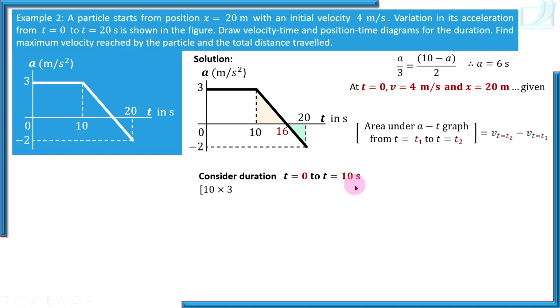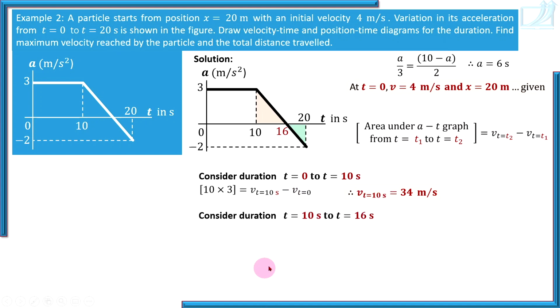Area under the a-t diagram, it is rectangular area, 10 into 3, that gives you final velocity minus initial velocity in this interval, that is velocity at t equal to 10 minus velocity at t equal to 0, and you have found out the answer, because at t equal to 0, velocity is 4 meters per second. So put this value here and you will get the answer.